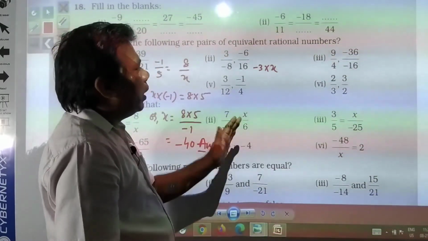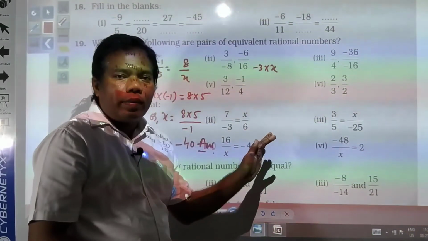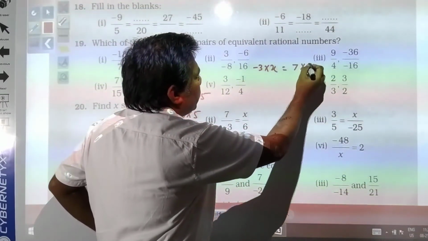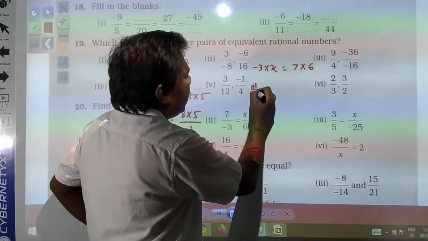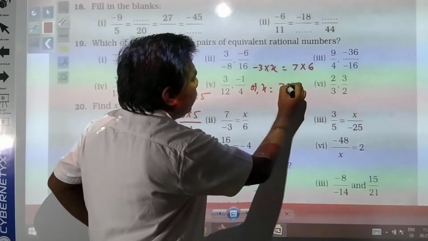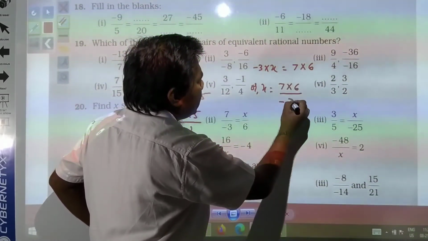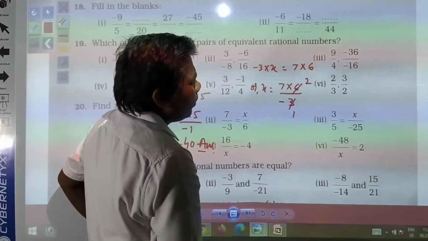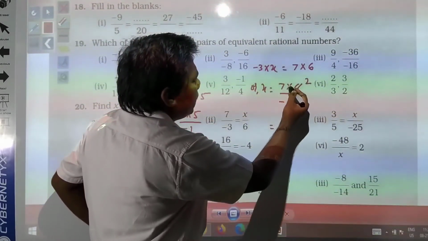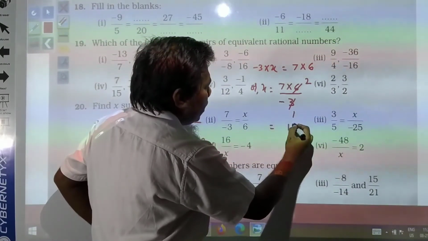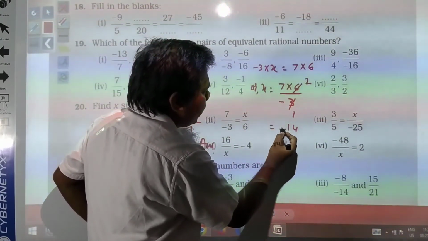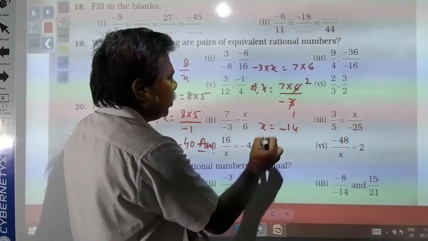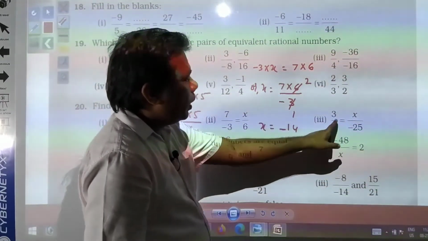You need to keep x on the left side so that you can find out easily, = 7 × 6, or x will be equal to 7 × 6 divided by -3. 3 ones are 3, 3 twos are 6, you have cancelled. What you will get? 7 × 2 is 14, and minus sign you have, so it will become -14. x = -14, and this will be your answer. In the same way this can be solved.